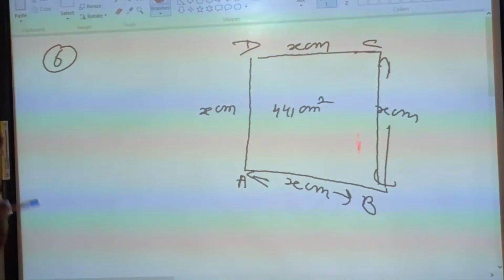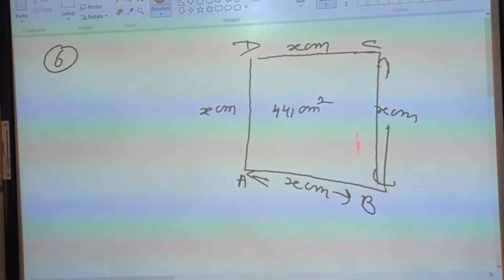Now we have to find out the length of side of a square.